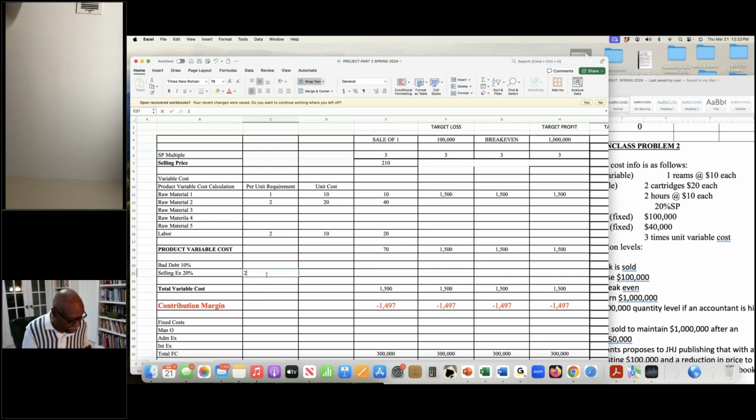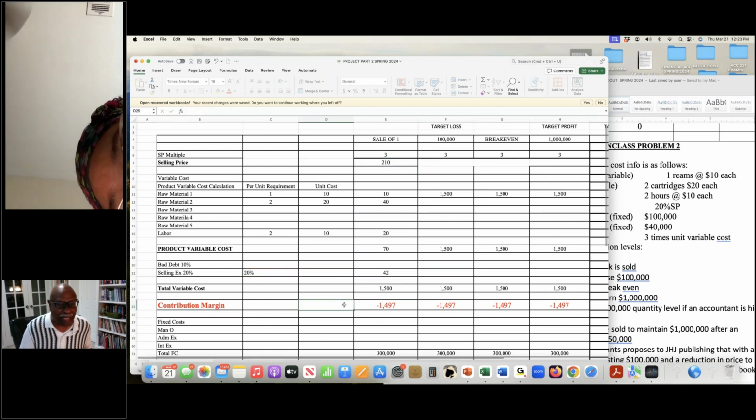I'm going to put 20% here. So my selling expenses are going to be equal to the selling price 210 times the selling rate commission. So I have to calculate my selling expense after I get my selling price.